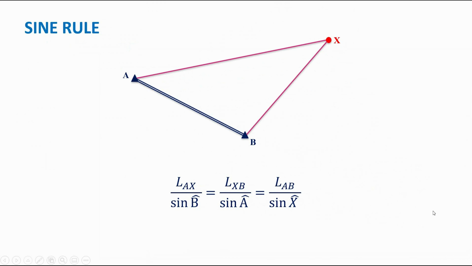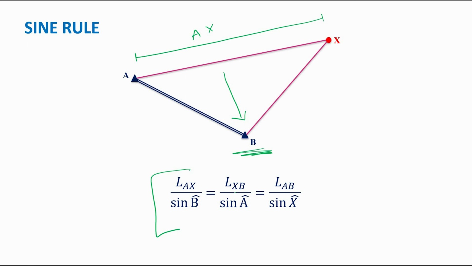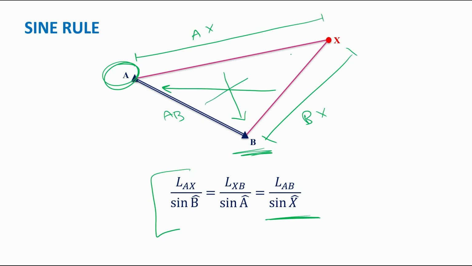The sine rule says that in any triangle, the length of a line, for example AX, divided by the sine of the angle opposite to it, which in this case is angle B, is equal to the length of BX divided by the sine of the angle opposite to it, which is sine A. This is equal to the length of the third line, AB in our case, divided by sine X. We are going to use this rule to calculate the length of AX and the length of BX.